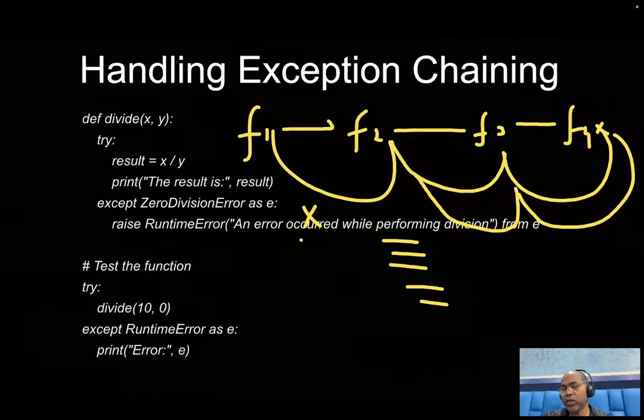So function invocation happens in a chain. Function 1 calls 2, 2 calls 3, 3 calls 4. If 4 has any exception, it goes back to 3. If 3 has any exception, back to 2. If 2 has one, back to 1. So your exception goes back through the chain until someone handles it.